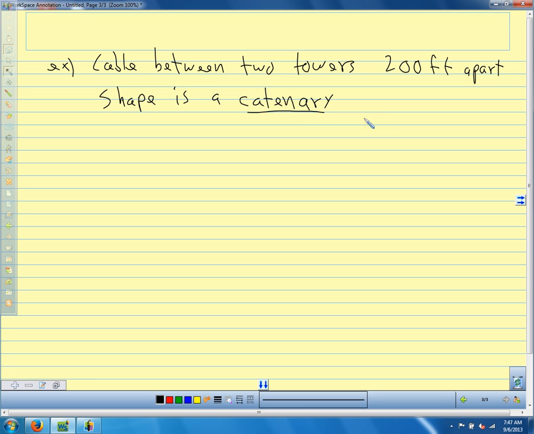And the catenary is given by a hyperbolic function. So in this case, the towers are 200 feet apart, and at the midpoint, the cable is at 150 feet.